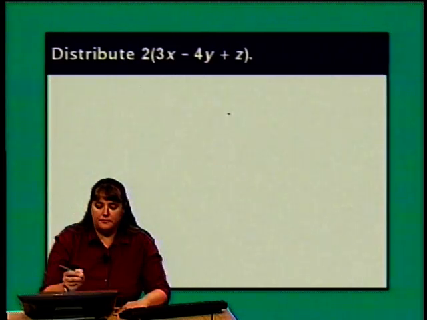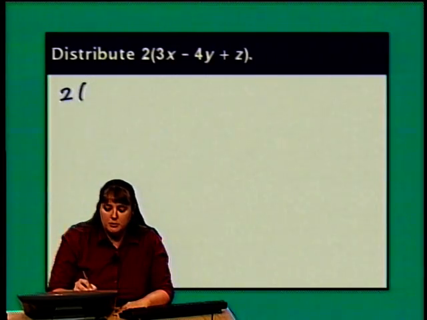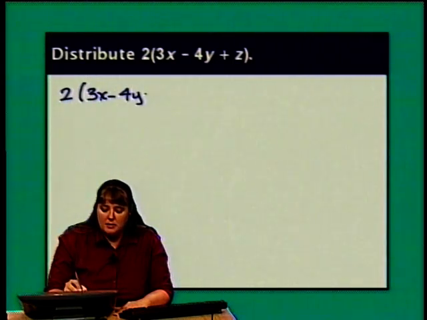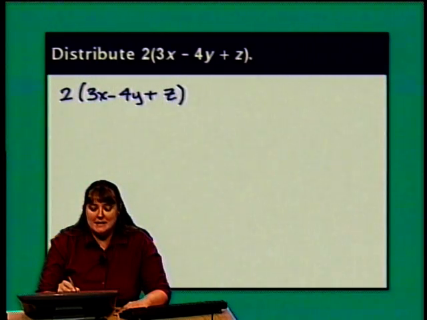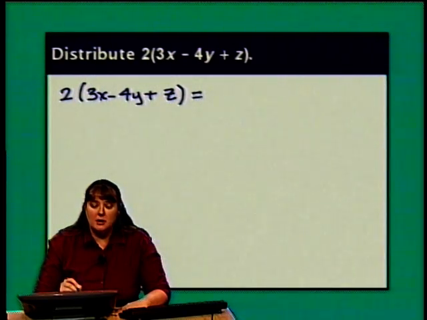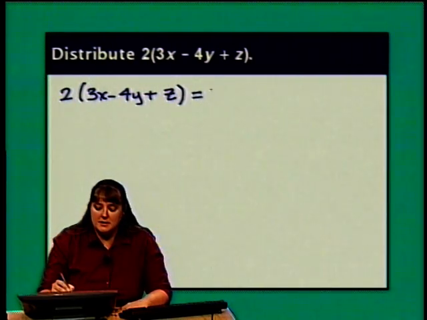What if I want to find 2 times the quantity 3x minus 4y plus z. Crossing my z here so that it doesn't look like my 2. Well, now I need to distribute the 2 to all 3 of the terms in the parentheses.